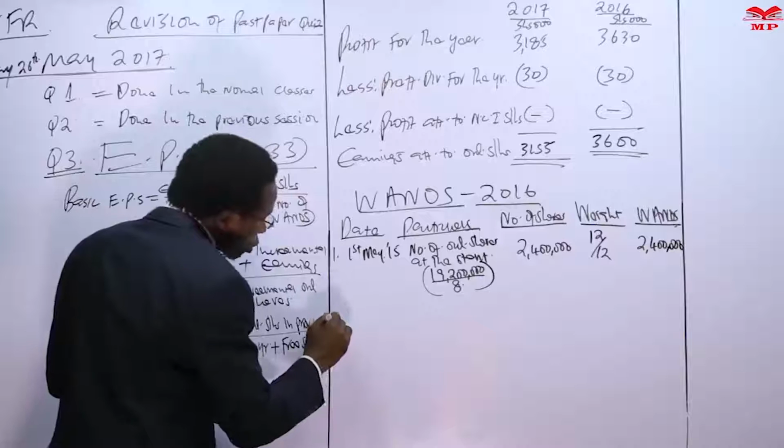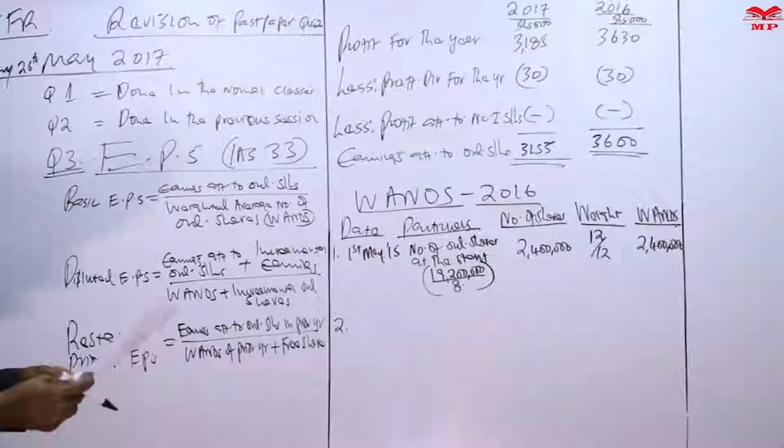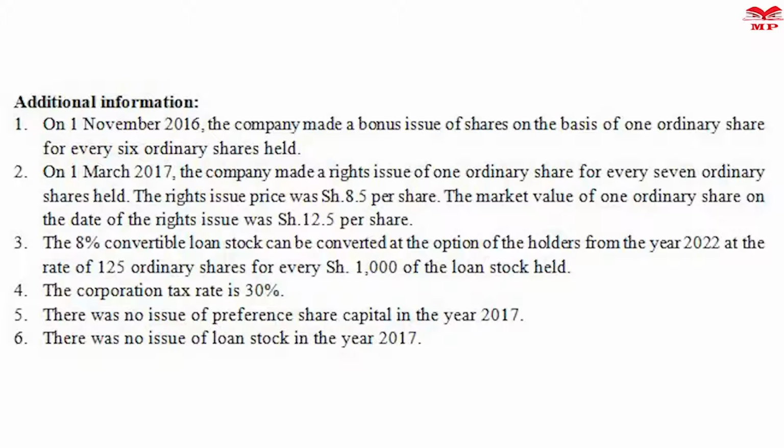Then we come to number 2. What transaction transpired in 2016? In 2016, there was only a bonus. That is on 1st November. Is that still 2016? No. That is in the new year.